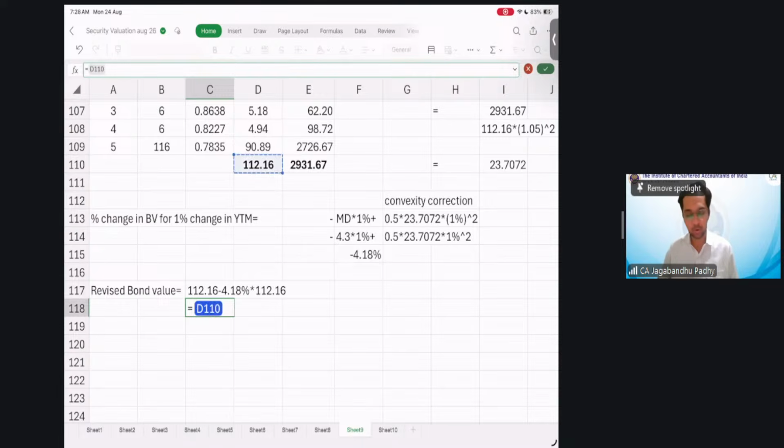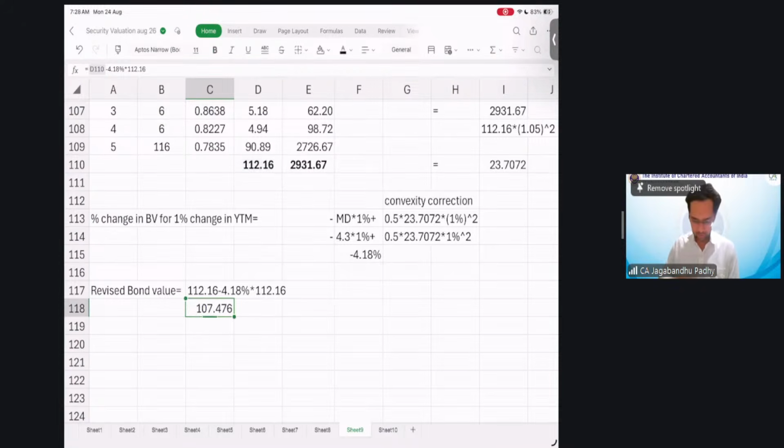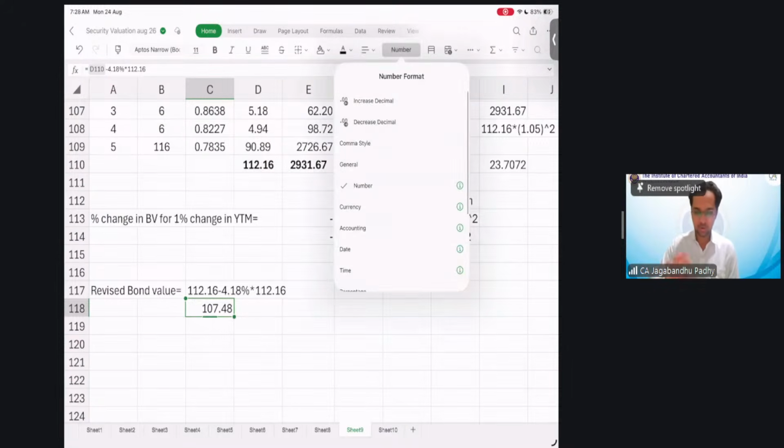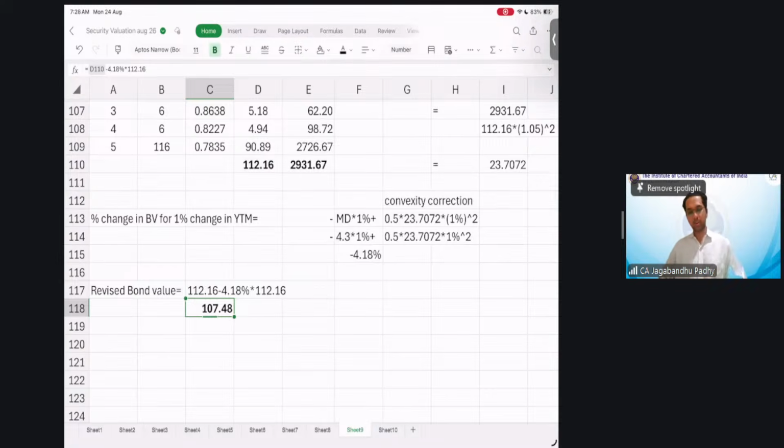This is 112.16, the original bond value, minus 4.18% of it. What we find the bond value to be is 107.48. So the bond value is going to fall to 107.48.